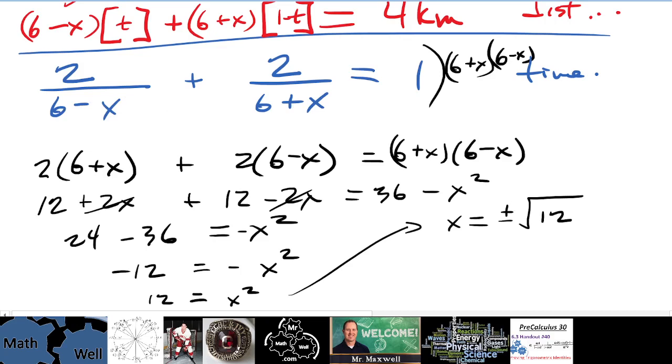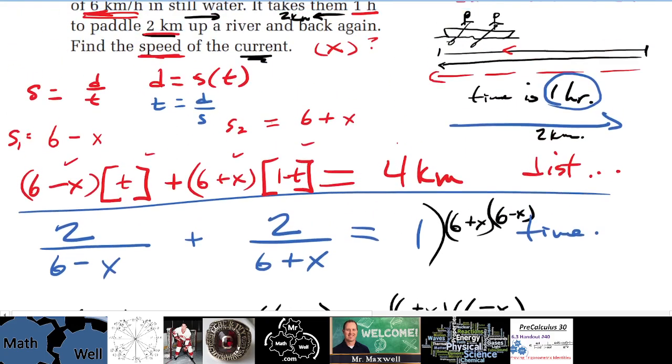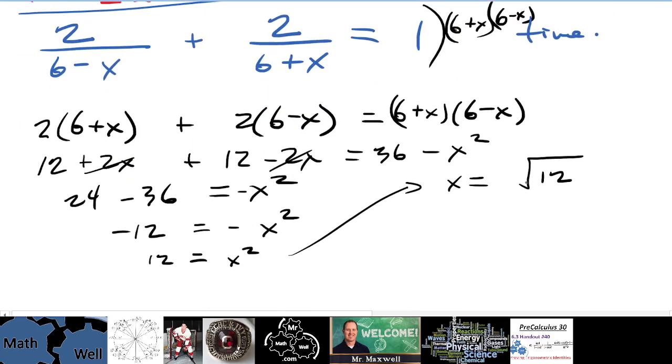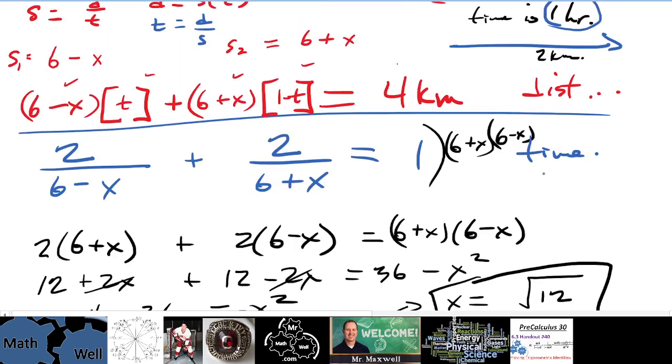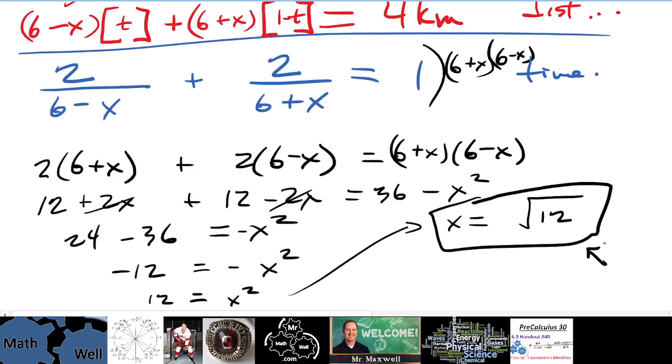It works out to be the same thing. But we'll just take a look at the principal square root here, which is positive root 12. So if that's the case, then it looks like the current, which we set to x, and I just solved for x, might be positive root 12. Or, I mean, positive or negative, the current would be whatever decimal this is. So we'll have to double check that.